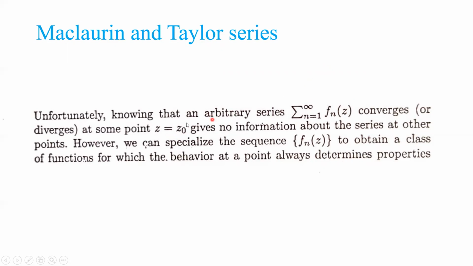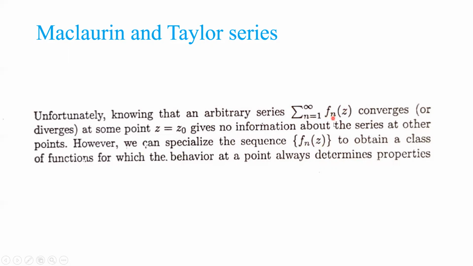complex plane. Suppose I am choosing some other z whose modulus is less than z naught. But with this condition, there is no clue whether at this point this series will converge or not. However, we can specialize the sequence f_n(z).